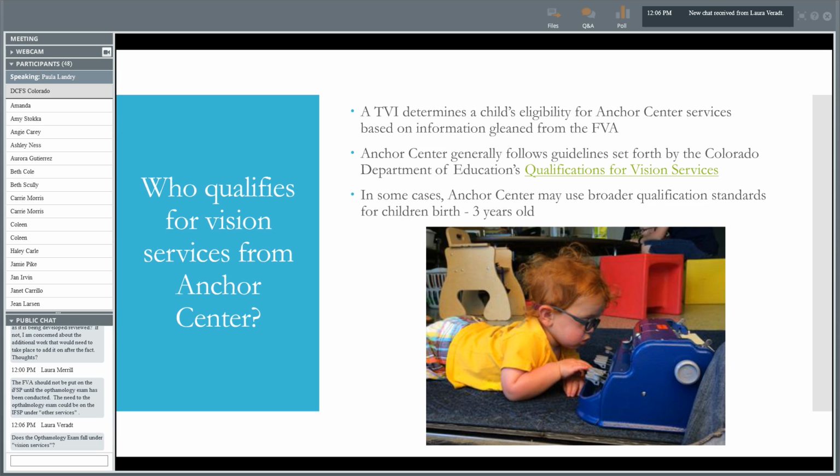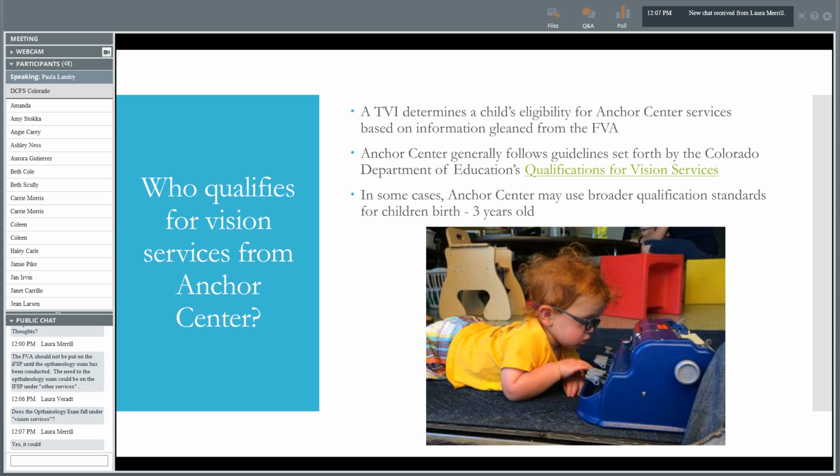Who qualifies for vision services? So during that initial functional vision assessment, as a TDI, for the most part, we pretty much know pretty quickly if that child is going to qualify or not. And again, it's based on the Colorado Department of Education's qualifications for vision services. And those are based on the ECEA rules, which is the Exceptional Children's Education Act.